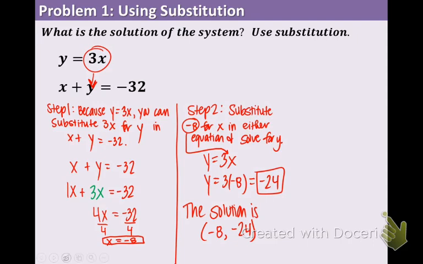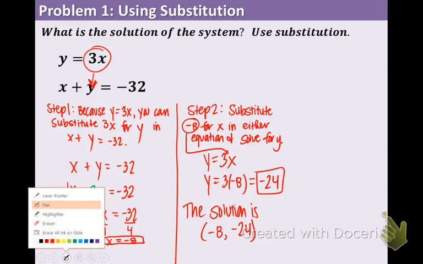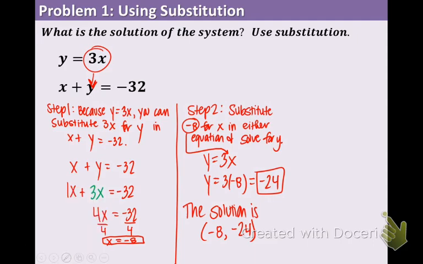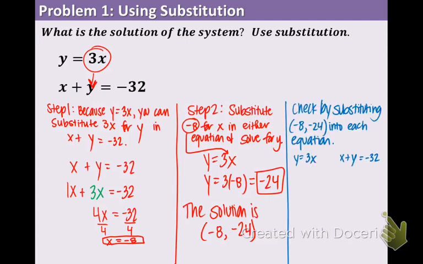Now I'd like to show you how to check your answer. The way that you check is you just plug in your coordinates for both equations. And if they work for both, then you know that that is the answer. Alright, we can plug in the coordinate for the first equation. We have negative 24 equals question mark, we're not sure, 3 times negative 8.